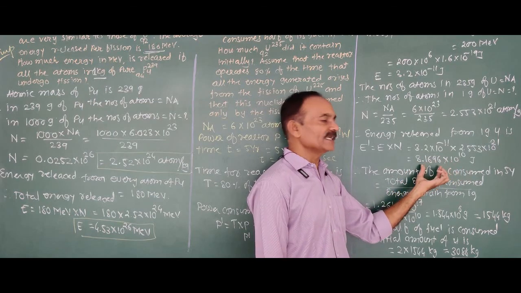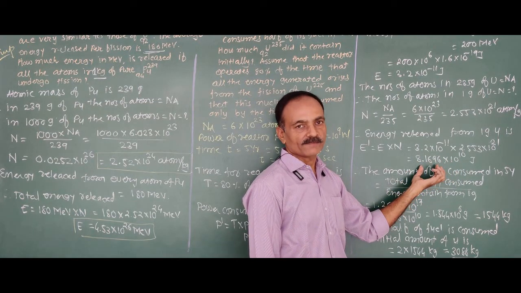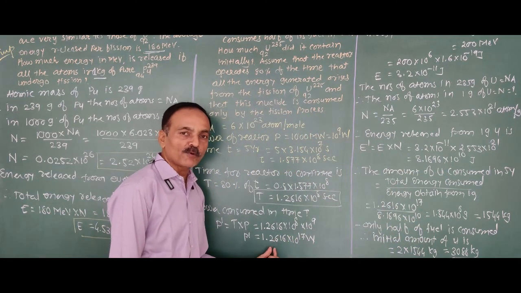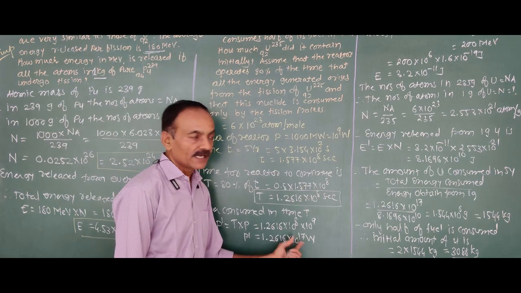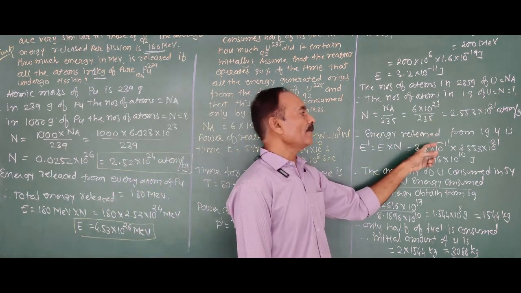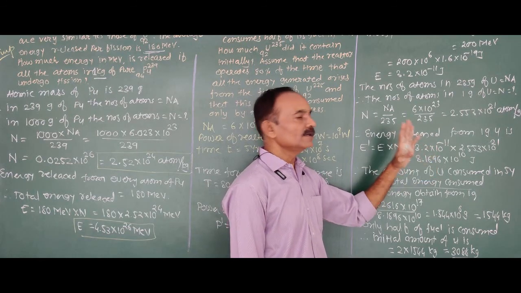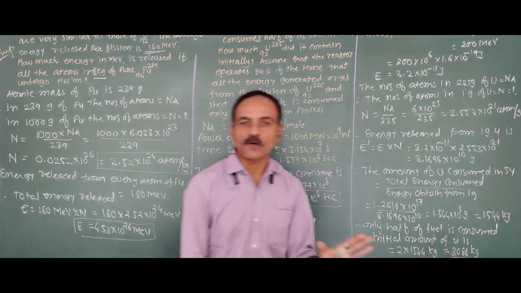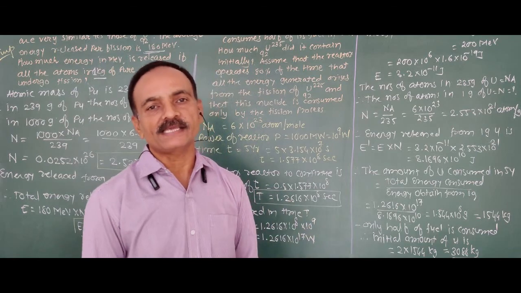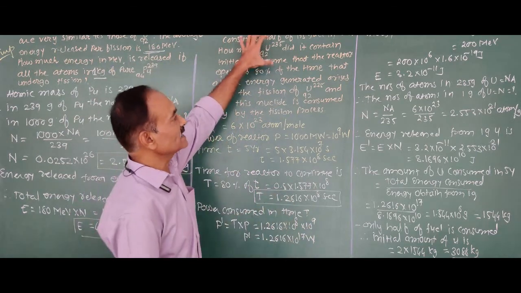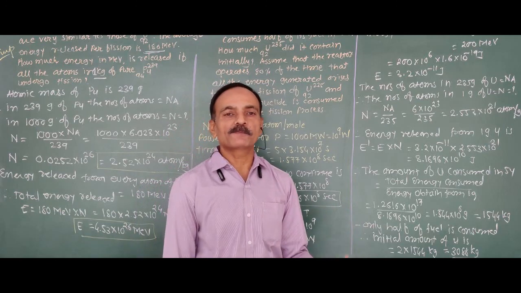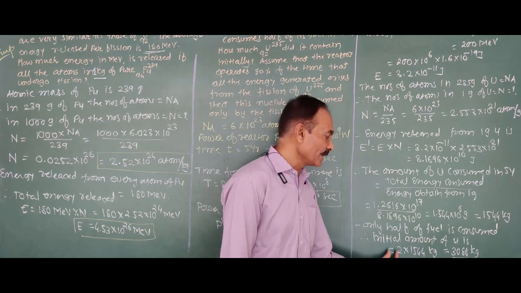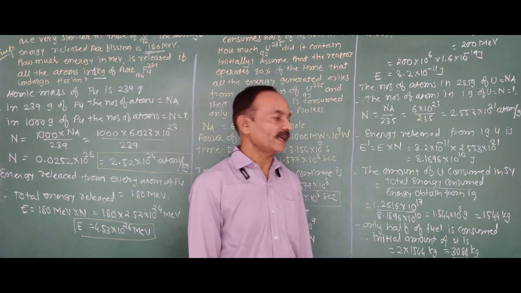Total energy consumed when the reactor is on, 1.2616 into 10 to the 17, divided by the energy obtained from 1 gram, gives the quantity of uranium consumed in 5 years. But initially it is given that in 5 years half of the uranium fuel is consumed. Therefore, the initial amount of uranium is double of this quantity, that means 3088 kilogram.